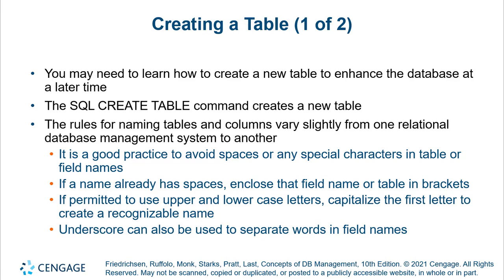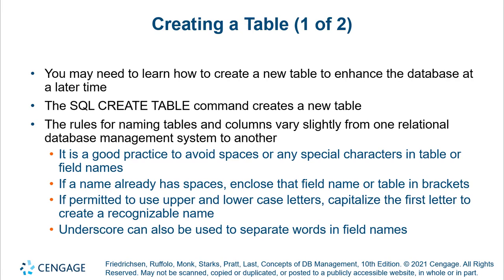So when we're creating a table, there are some naming conventions, some rules in place for what we name our tables and our fields. I'll go through a lot of these. The first one being that they cannot include any of the SQL or Access reserved words like select or from, where, things like that.